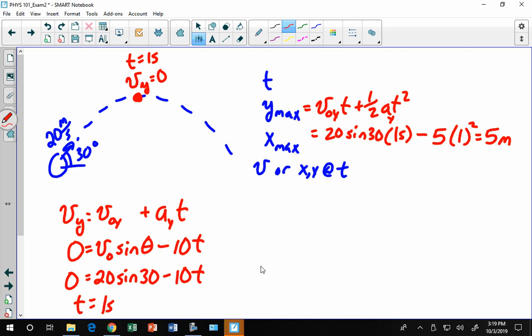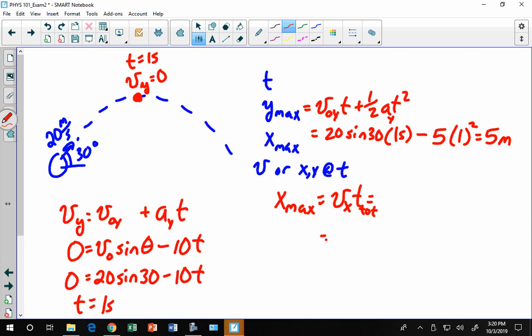If I want to know x max, I would say Vx times t. But I'm not using t equal 1 second here. I'm using t total, I'll put TOT for total.